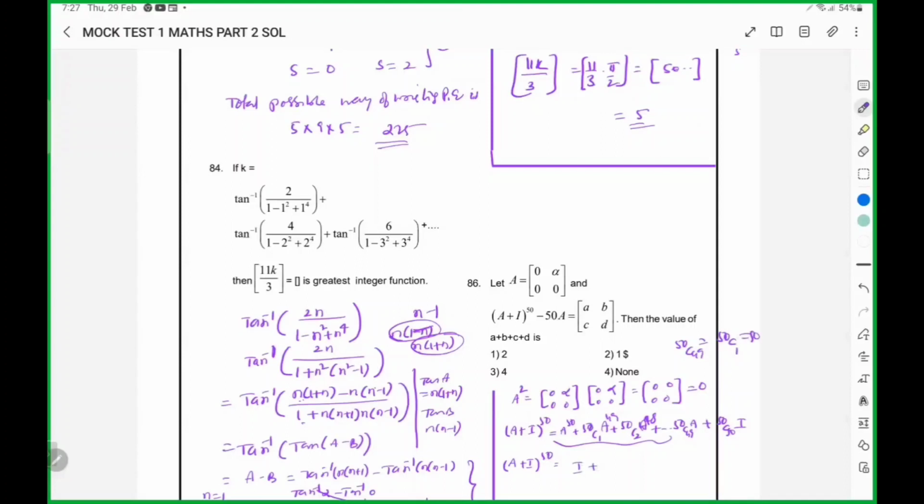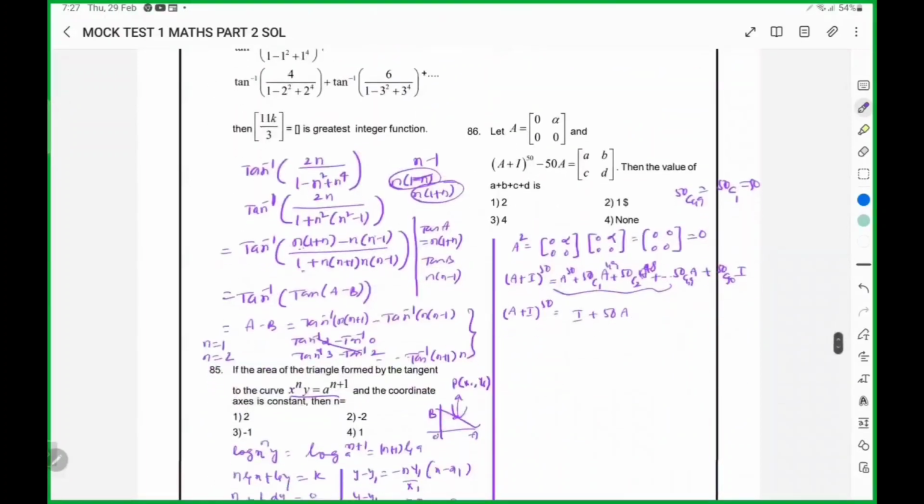So I plus 50A. So A plus I power 50 minus 50A will be I plus 50A minus 50A, which is identity, 1001, which he has given as ABCD. Finally, he is asking A plus B plus C plus D. We get the answer as 2.